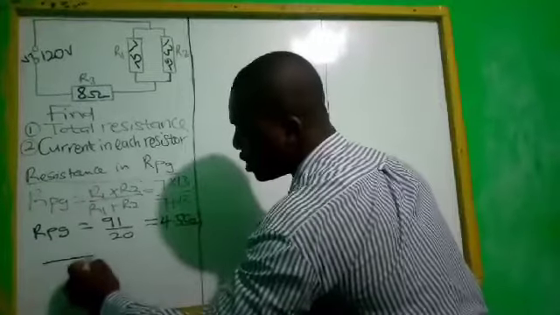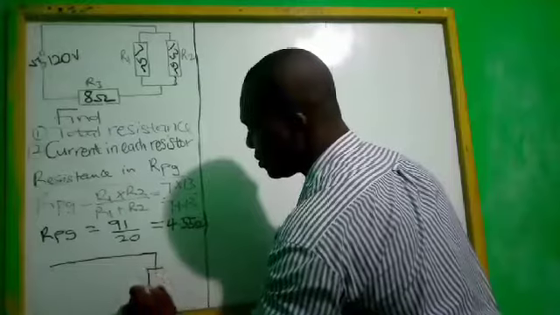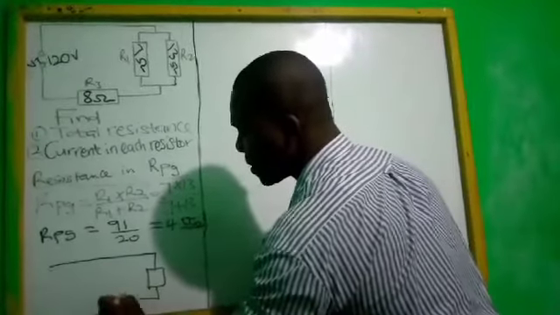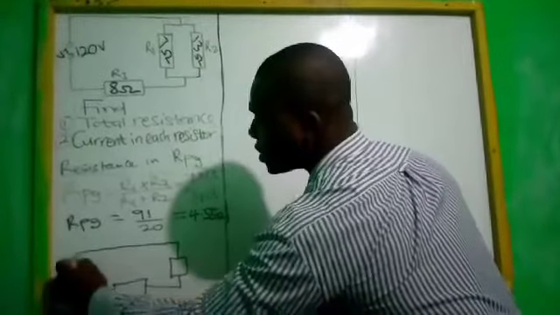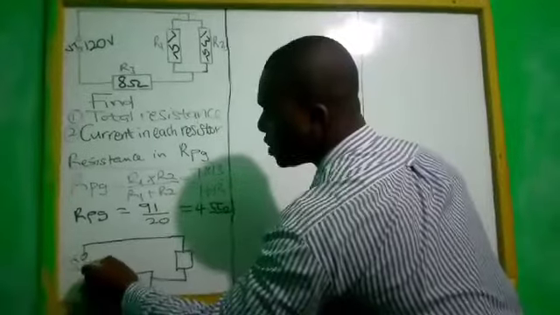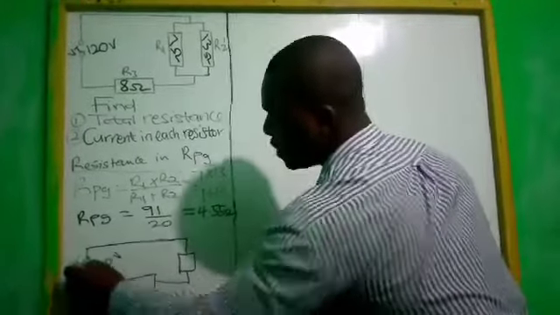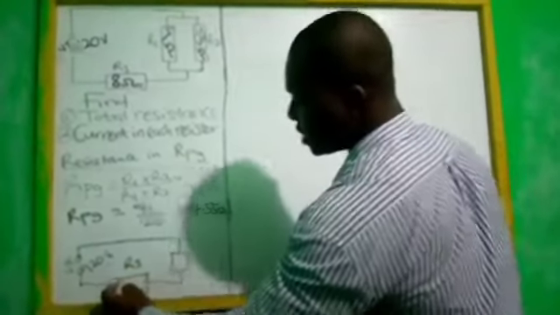If we redraw, we are going to have our diagram like this. This will be the VT, 120 volts, the total voltage, and R3 becomes 8 ohms.